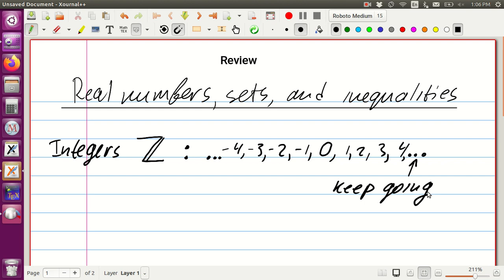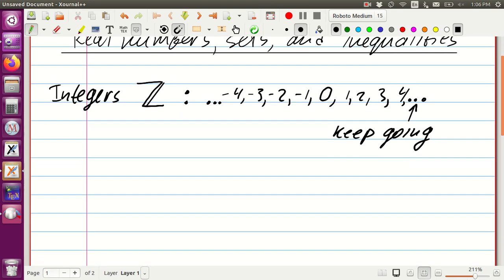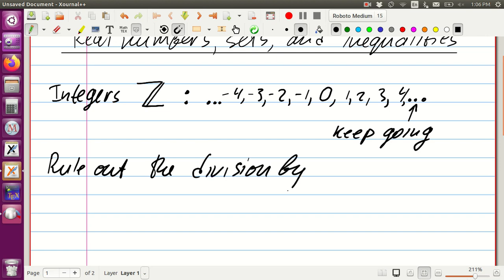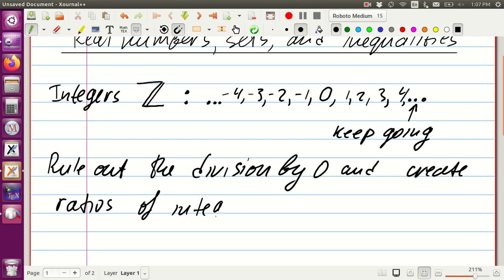All right, so 3 dots usually in our class means keep going. We can take integers and exclude division by 0, and we can create ratios of all possible integers, excluding 0 in the denominator.